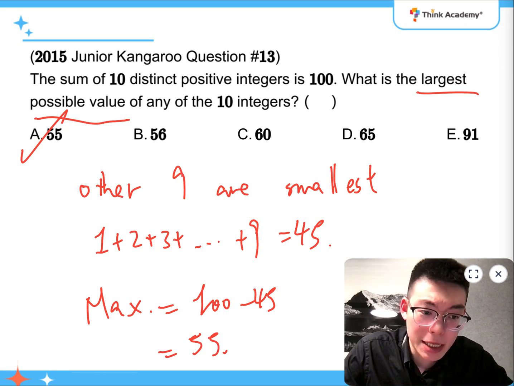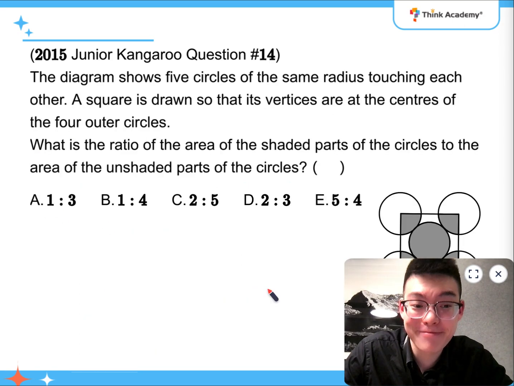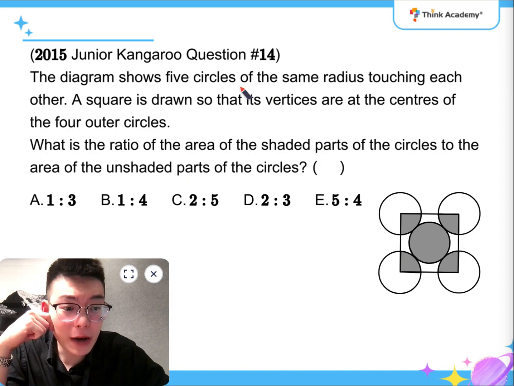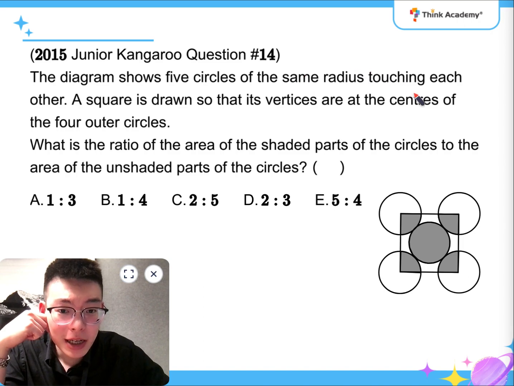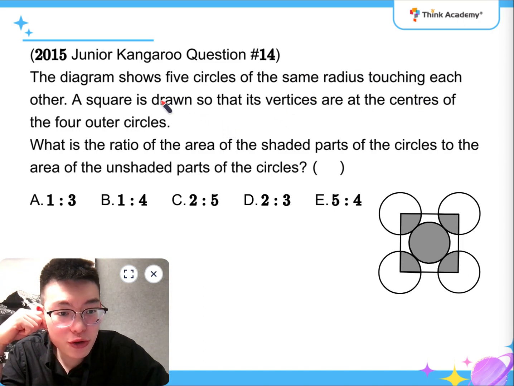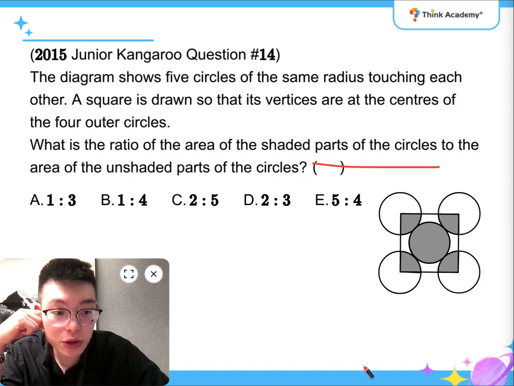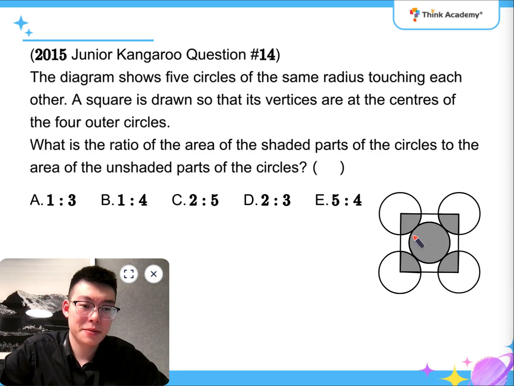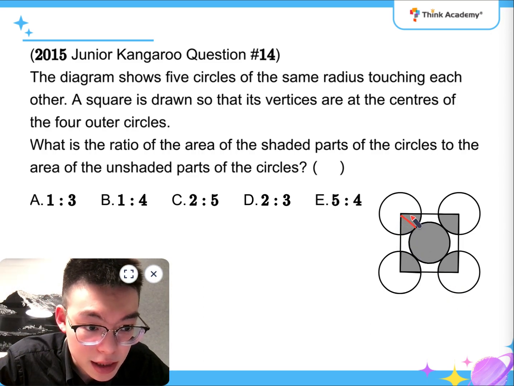Alright, so take a look at question 14. It shows 5 circles, same radius, touching each other. A circle is drawn such that the vertices are at the centers of the 4 outer circles. So I want to know the ratio of the area of the shaded parts of the circles to the area of the unshaded parts. Very nice. So basically, you can see that it's going to be the radius, right?